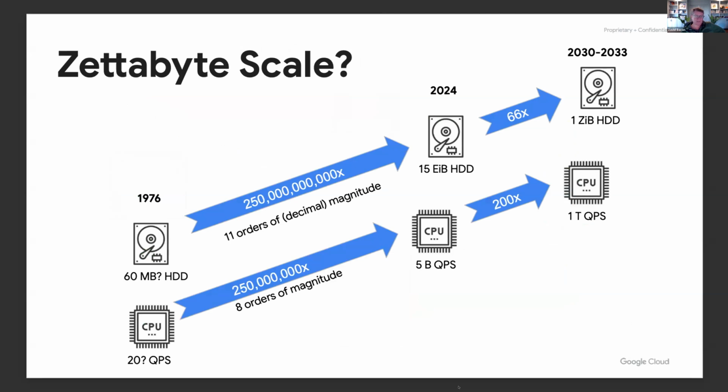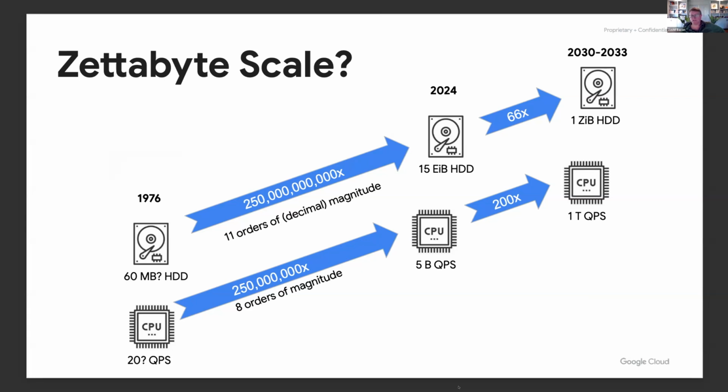So, if you look at this trend, we've only got 66x growth to get to a zettabyte of data and 200x growth to get to a trillion QPS. As I think about the evolution of our system going forward, this is kind of what I'm looking at.